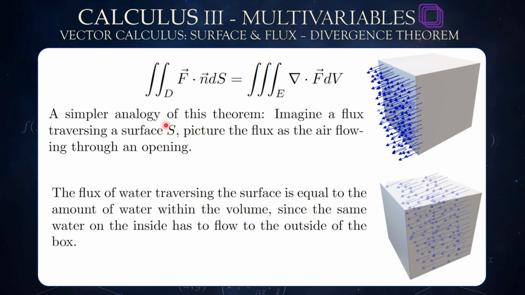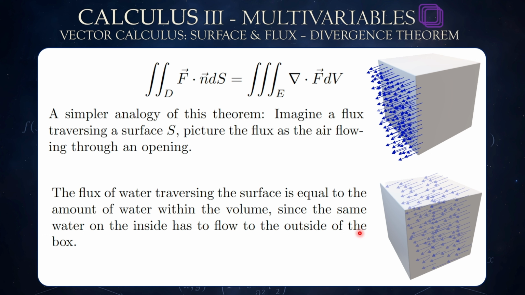A simpler analogy of this theorem: imagine a flux traversing a surface S, like the right picture here. Picture the flux as the airflow going through an opening. So the flux of water or air, whatever, traversing the surface is equal to the amount of water within the volume itself, since the same water on the inside has to flow to the outside of that box.